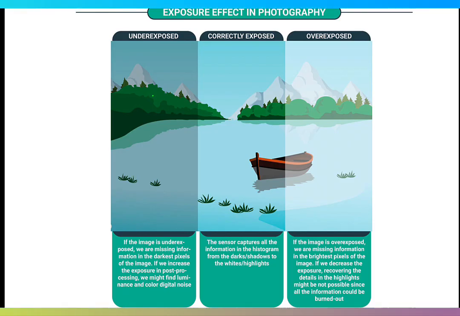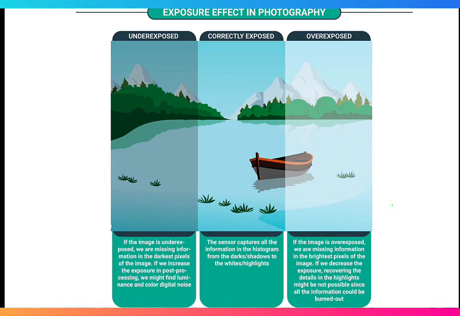Okay, so just a quick example of underexposed, correctly exposed, and overexposed images, where you're going to hear me talk about that a lot. Usually our goal is to get a correctly exposed image. Now that does depend on what you're trying to achieve.